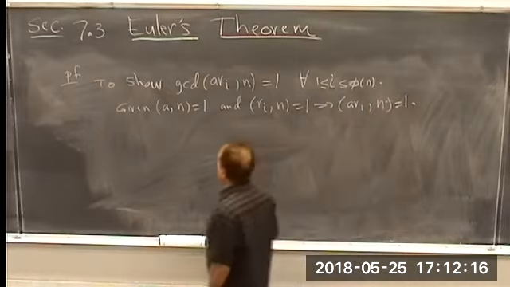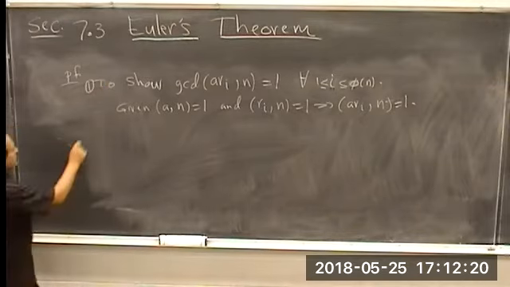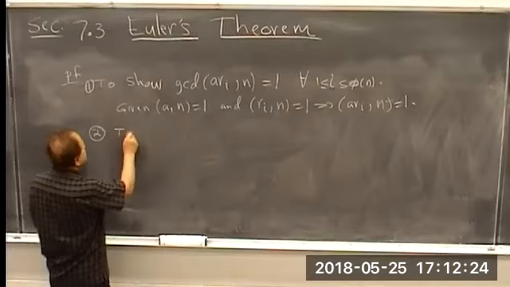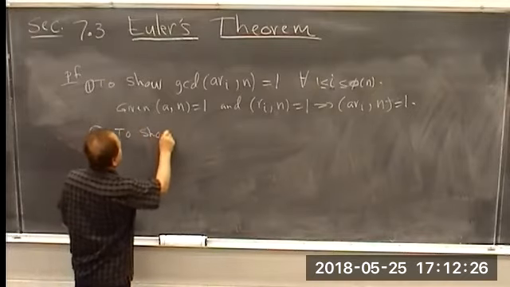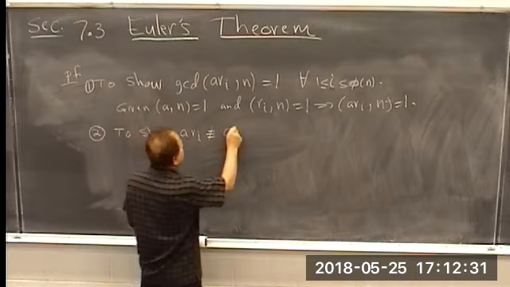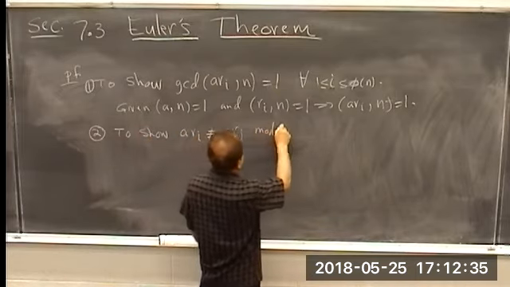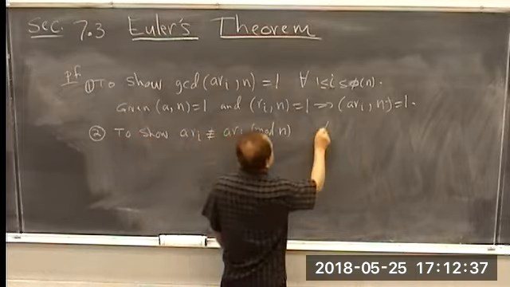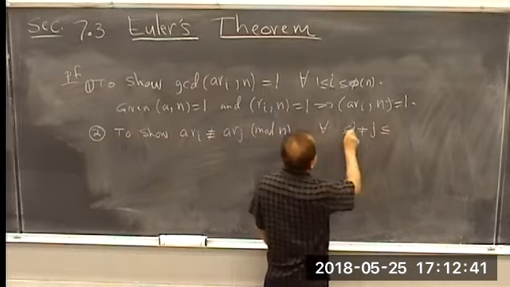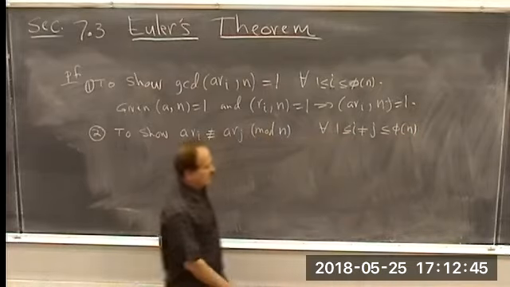So this shows that condition number 1 is satisfied. The second condition is to show that a Ri is not congruent to a Rj mod n for every i not equal to j between 1 and phi of n. This should be phi of n if I wrote it actually.